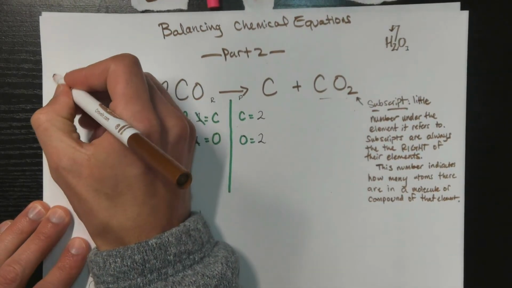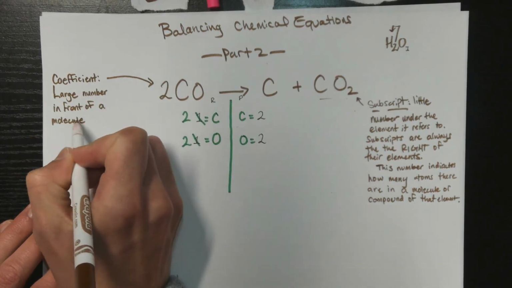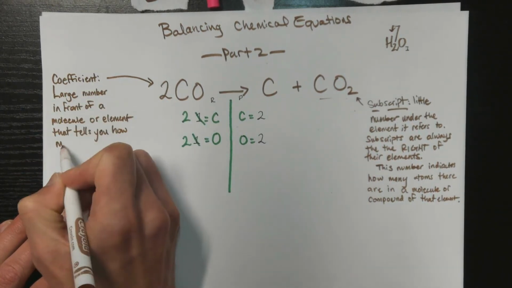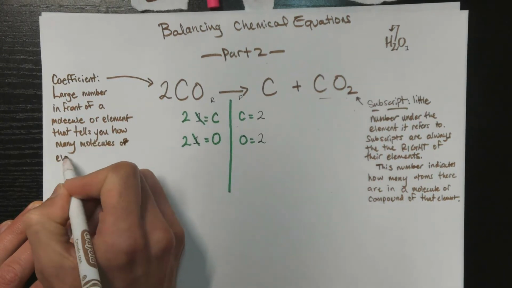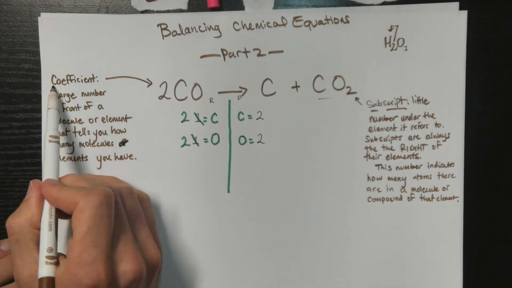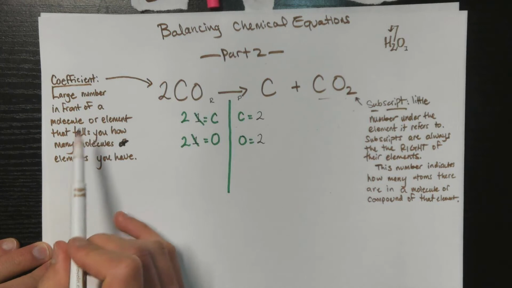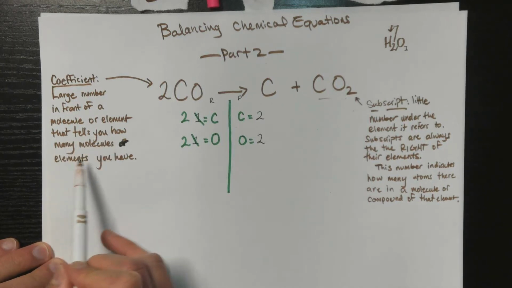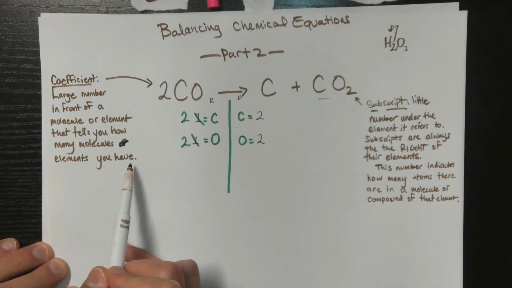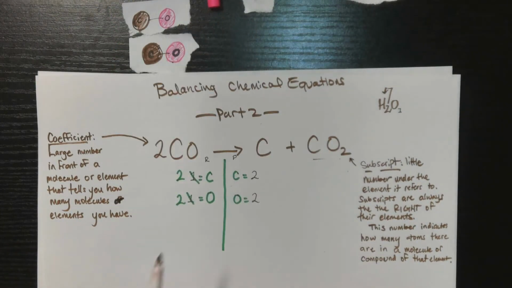This is called a coefficient. Now, the coefficient is the large number that's in front of a molecule or element that tells you how many molecules or elements you have. So in this case, I have 2 carbon monoxide molecules.